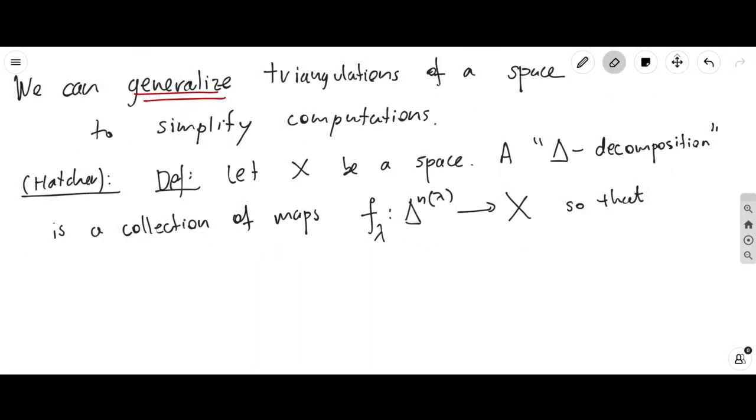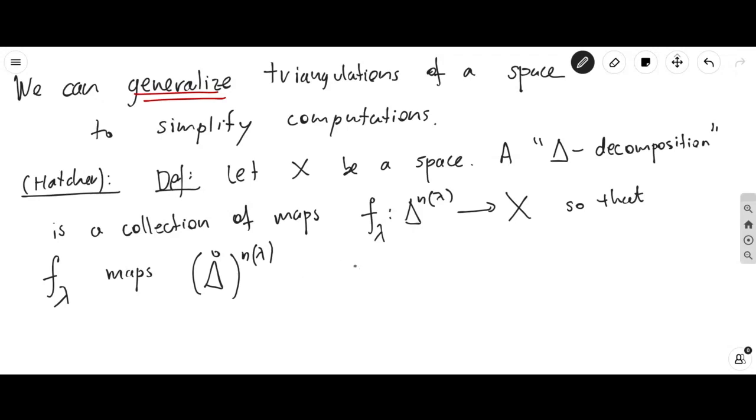But sometimes that's a little bit too restrictive. We can loosen that a little bit. So that F lambda maps the interior of your simplex. I'll define what the interior is in a moment, but you just stay away from the boundary of your geometric simplex.